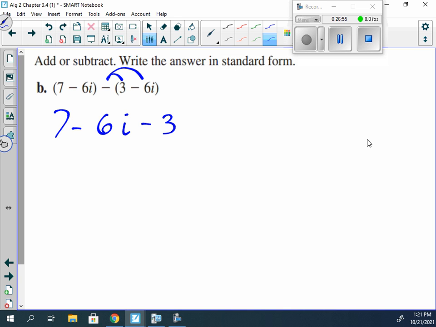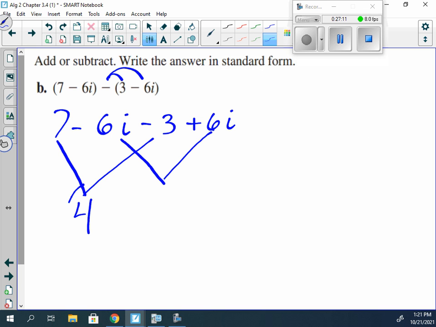The negative 6i would become plus 6i. 7 minus 3 is? Negative 6i plus 6i is? And that's it. Well, let's try that on the next one.